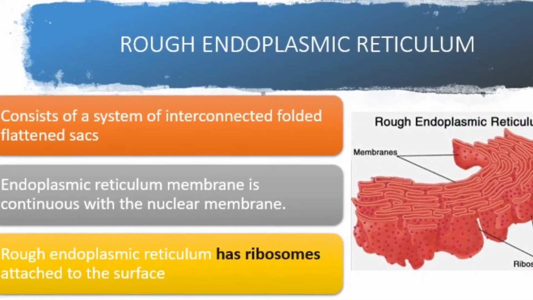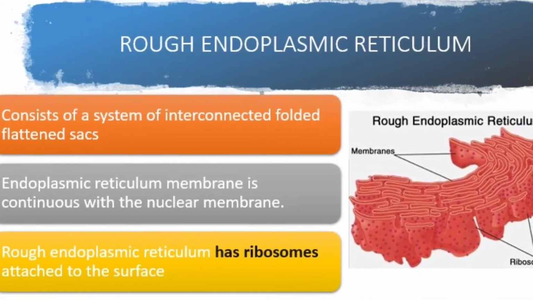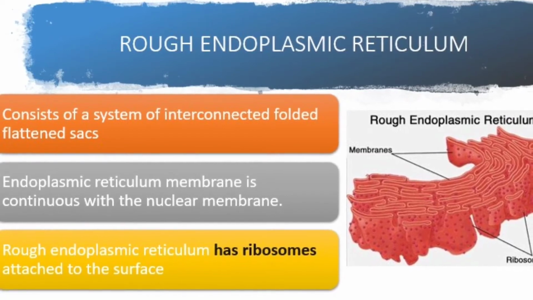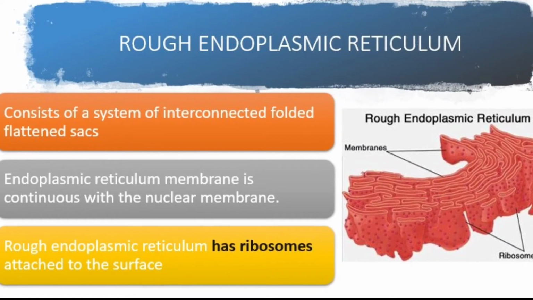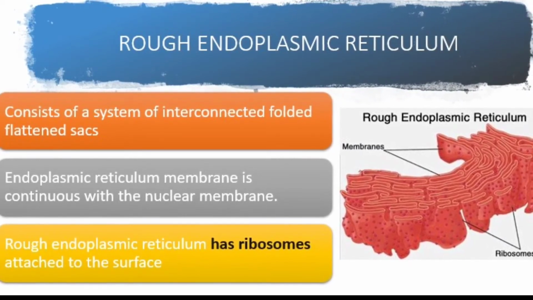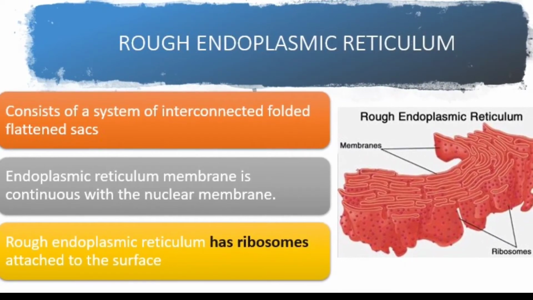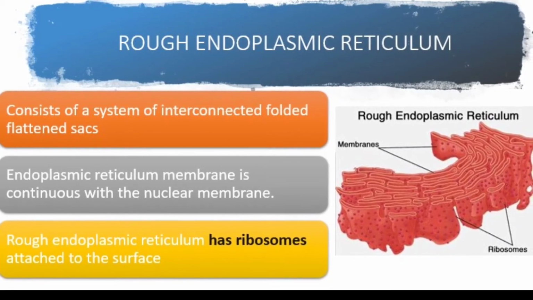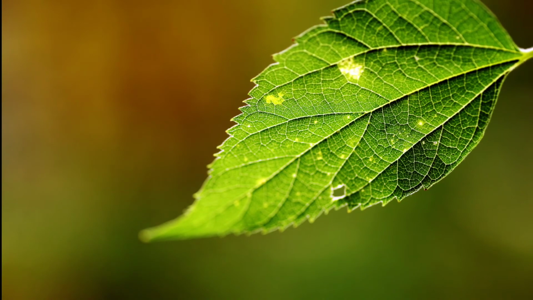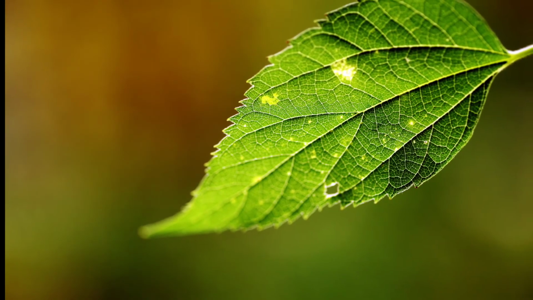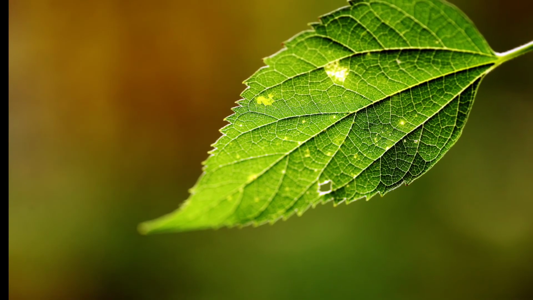Rough endoplasmic reticulum. It consists of a system of interconnected folded sacs, and consists of membrane which is continuous with the nuclear membrane. The rough endoplasmic reticulum has ribosomes attached to the surface. In detail, we are going to discuss the components in the plant cell.